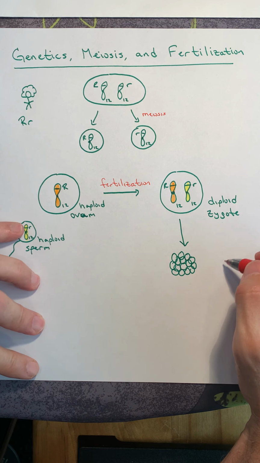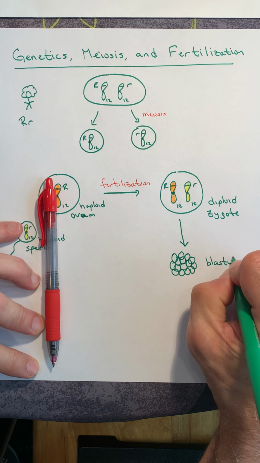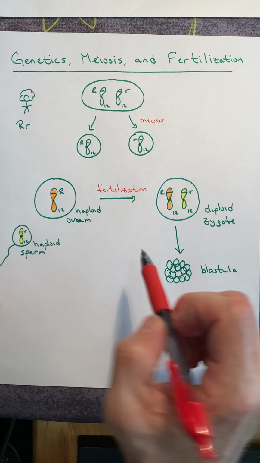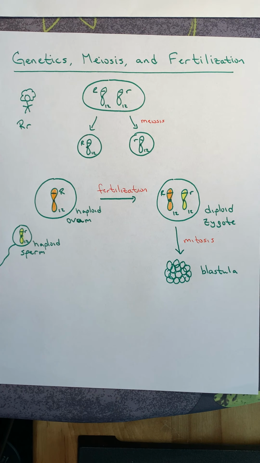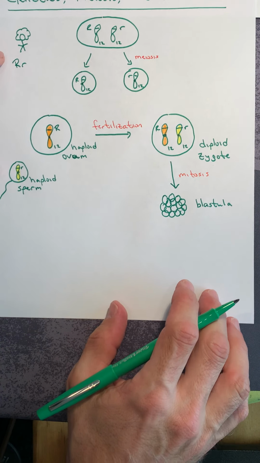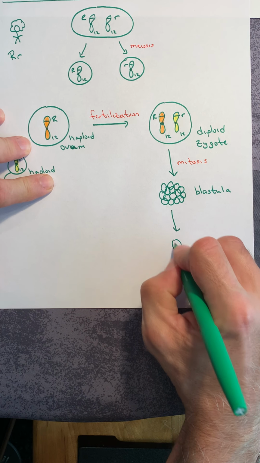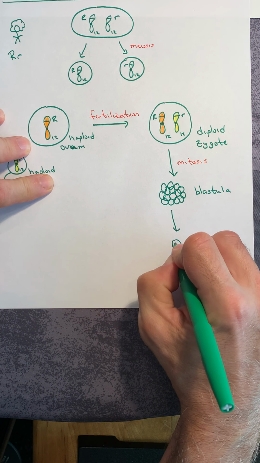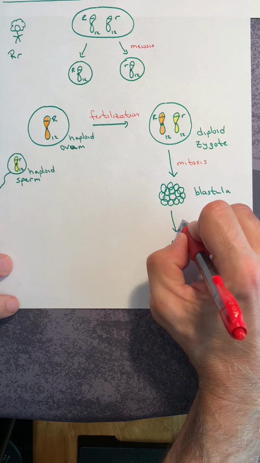This growth here into a structure called a blastula, you don't have to know that now, but I will label it just the same. That is mitosis. Until you literally have trillions and trillions and trillions of cycles of mitosis until you get their offspring. So this is more mitosis here.